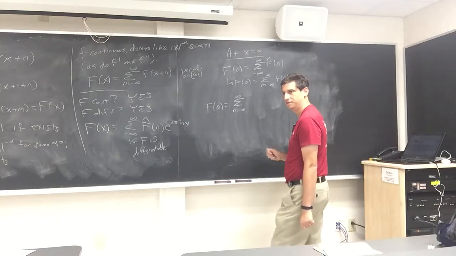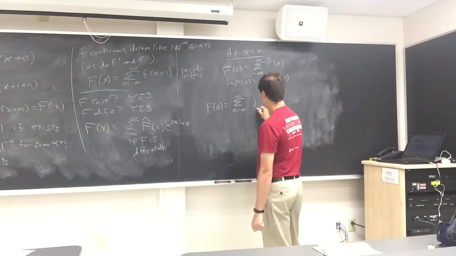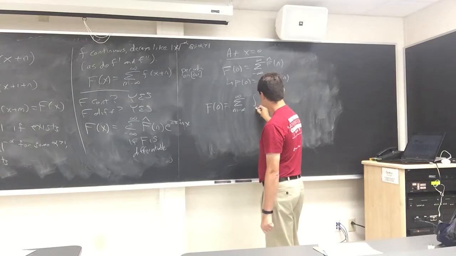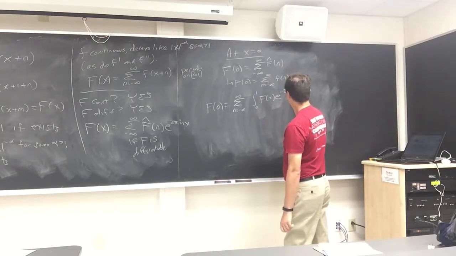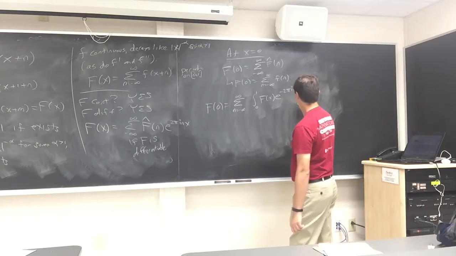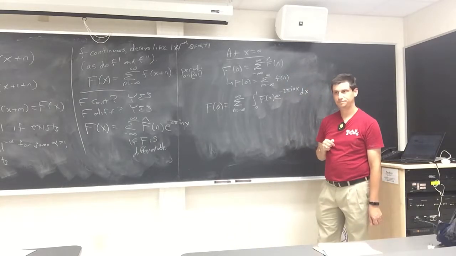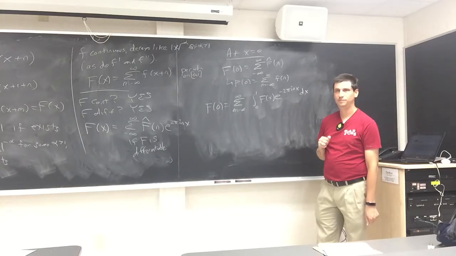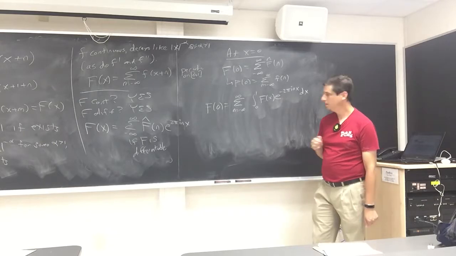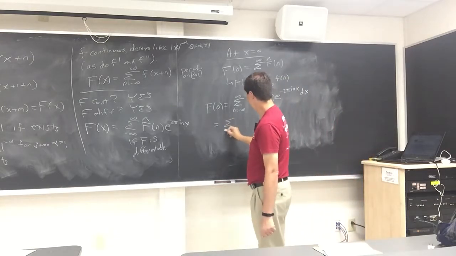So what is f hat of n? It's going to be the integral from 0 to 1 of f of x e to the negative 2 pi i n x dx. Okay. What does f of x equal? So we have a sum.